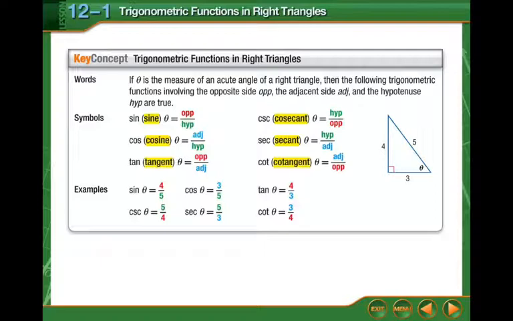And tangent is opposite over adjacent, so TOA, the opposite over adjacent part. So then the other guys are just those fractions flipped around. There's really no nice phrase for them. Also with SOHCAHTOA, there's a little phrase to help remember it, if you can't remember that: some old hippie caught another hippie tripping on acid.